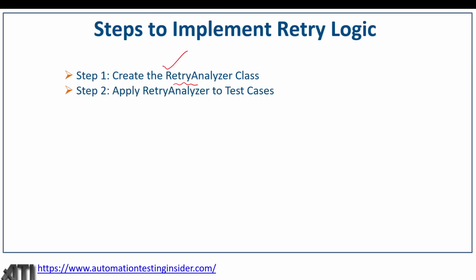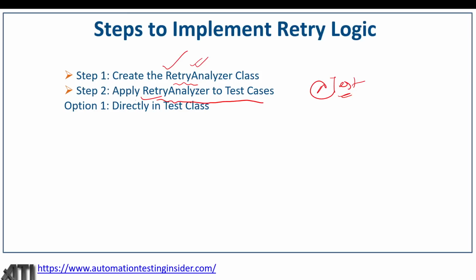Step 2 would be to apply RetryAnalyzer to test cases. Once that class is implemented, we can call it in our test cases. There are two ways we can do that. Option 1, directly at test level, we can call that RetryAnalyzer class.